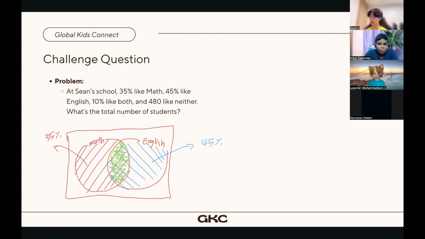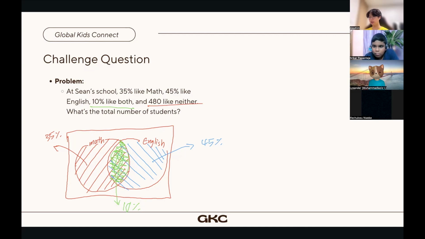And so we can say that this value is actually given in the question itself because 10% are said to like both math and English. So this green part represents 10% of the entire student population. And then our final value that we're given is that 480 students like neither.